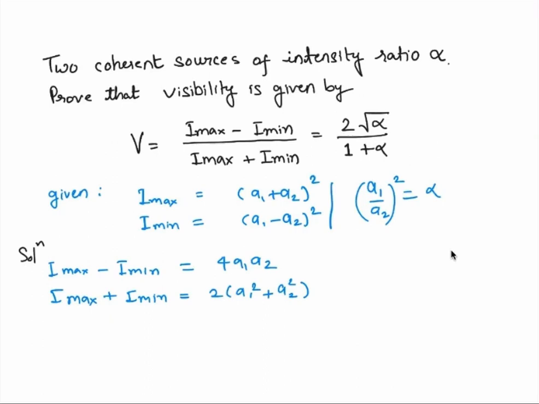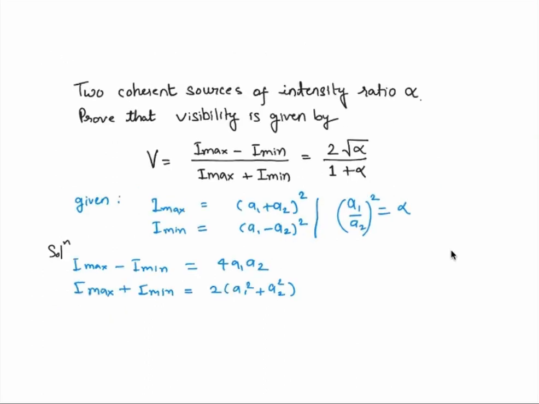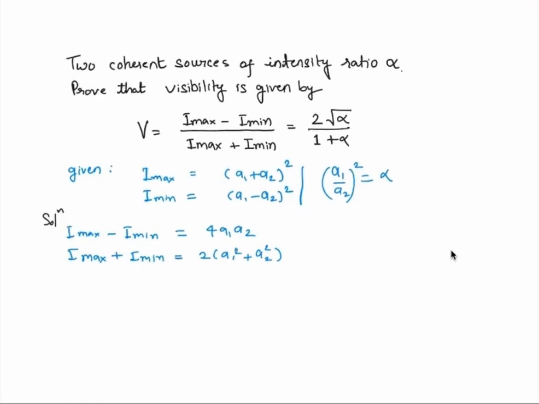So if we substitute these two quantities, we will get visibility equal to 4 times A1 A2 divided by 2 times A1 square plus A2 square.